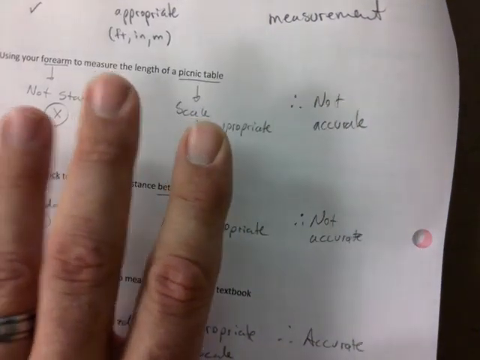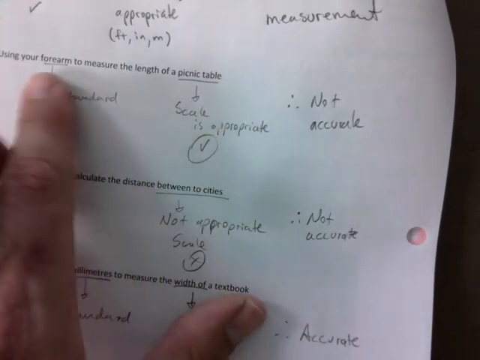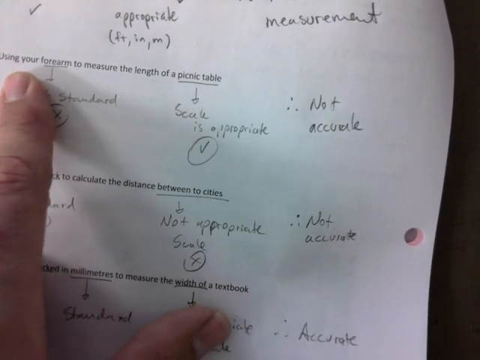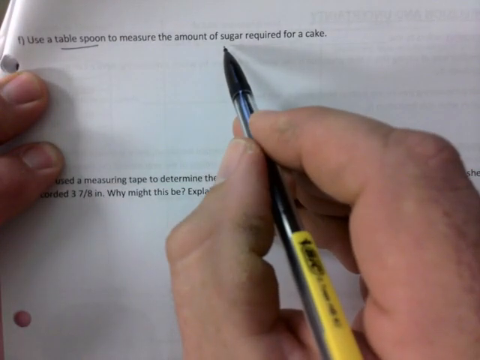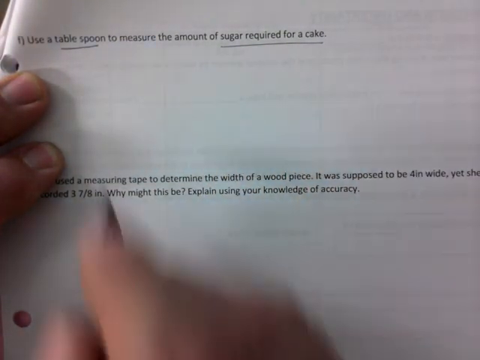Okay. I will ask you specifically, is this accurate? And then you read the story, you should be able to tell what's happening, right? I'm going to talk about unit and I'm going to talk about the scale. One more. Tablespoon to measure the sugar required for a cake.